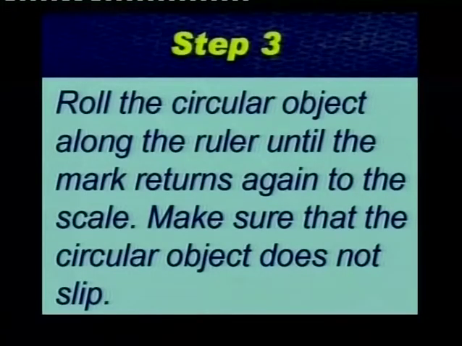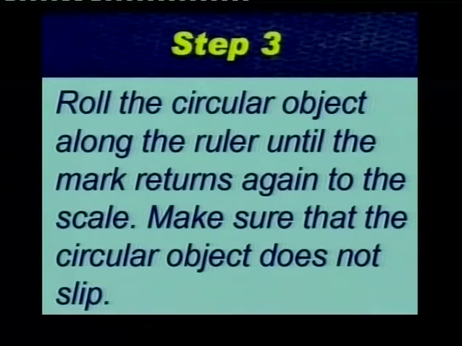Step 3 says, roll the circular object along the ruler until the mark returns again to the scale. Make sure that the circular object does not slip. So your other friend will hold the ruler firmly on the table, and with your other hand, you move the circular object. You roll it towards your right.